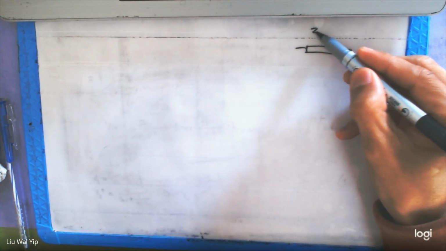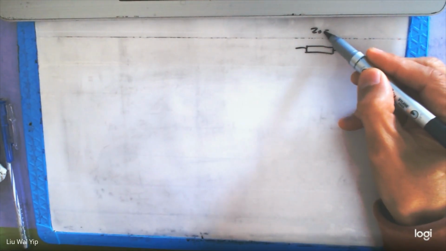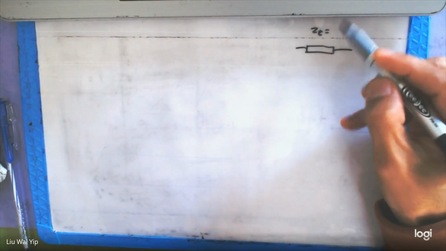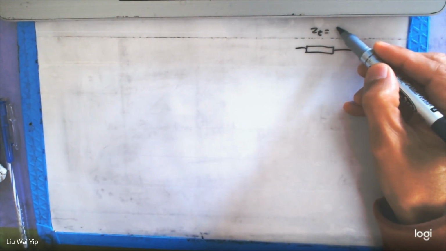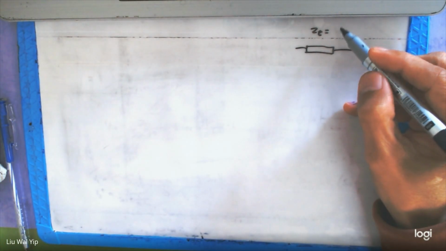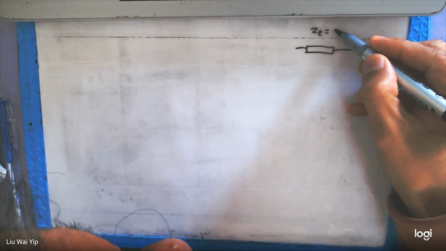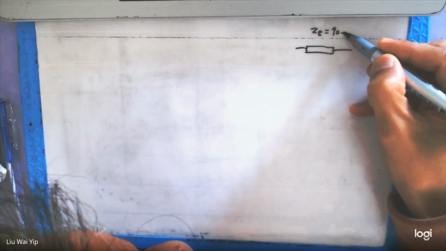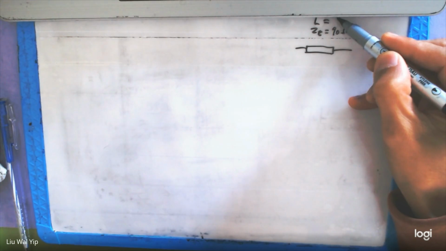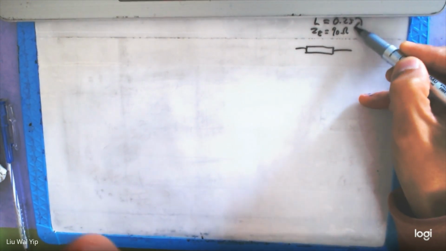So Z naught is the characteristic impedance here. I will put Z here, 90 ohm. And the length here is 0.25 lambda.